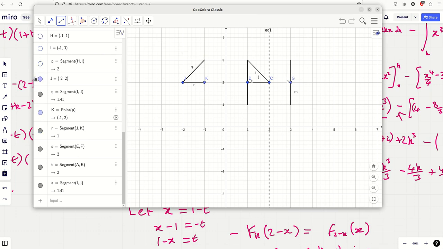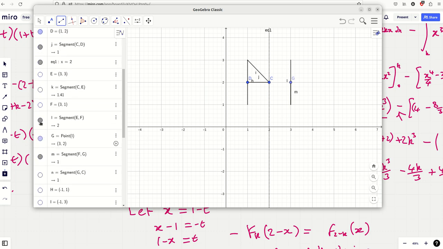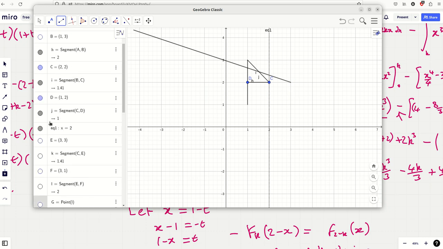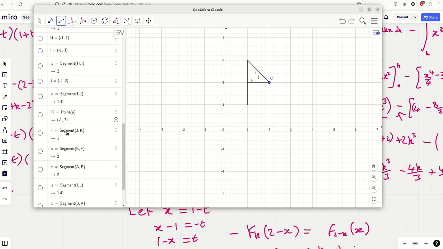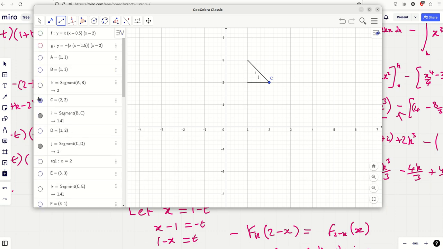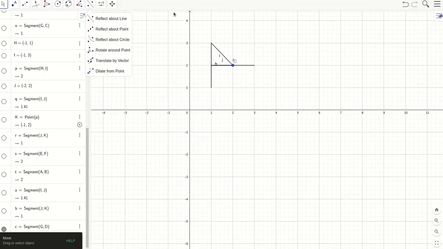Let me just try and unclip these. Go away. Have I got rid of them all yet? Almost. Okay, and then I want that and that in. Oh, there we go. Oh, no. Undo. There we go. Okay, right.